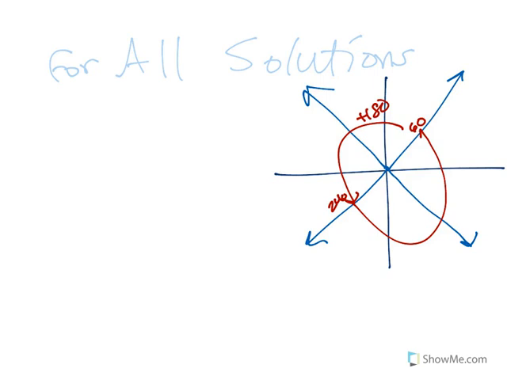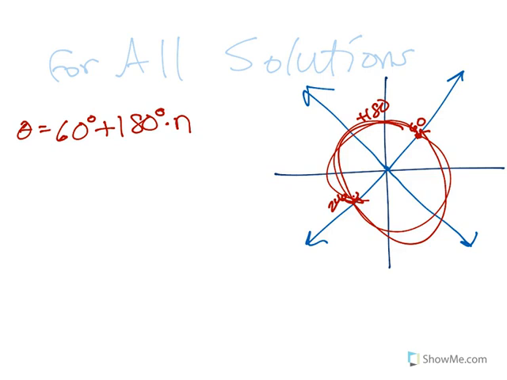If I add another 180, I get back to 60, right? So if I'm thinking for all solutions, I can say, okay, that means I can take 60 degrees and I can add 180 degrees times n, because every time I add 180, I'm back to an angle that exists. That is a true statement.